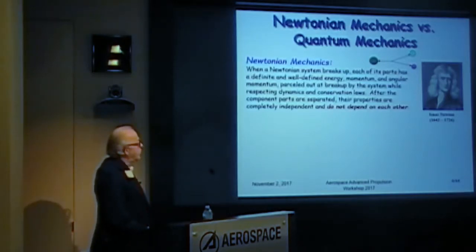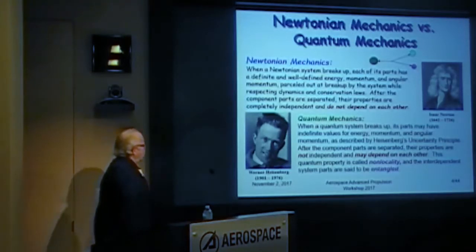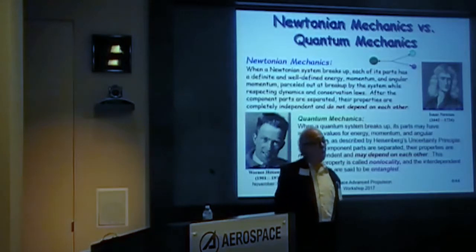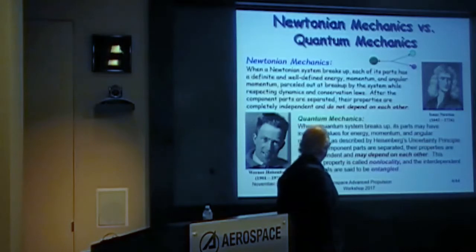However, in quantum mechanics, there's a problem, because the quantities that the uncertainty principle talks about are many of the same properties that are conserved in these conservation laws. And so you have this dichotomy between what's uncertain and what has to be conserved.